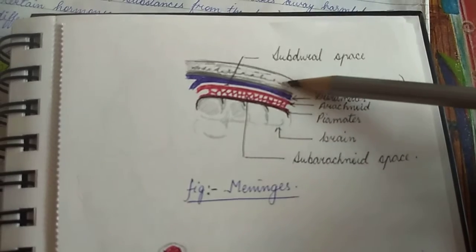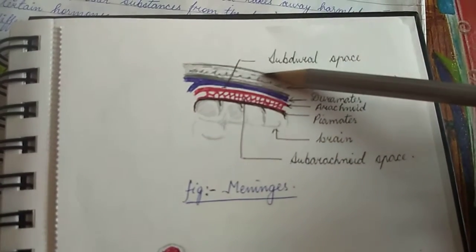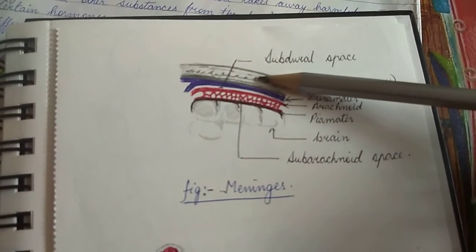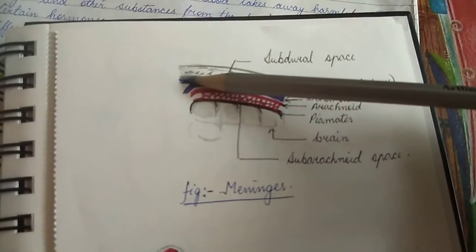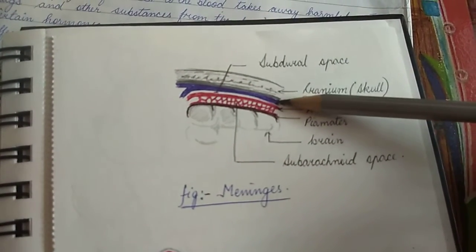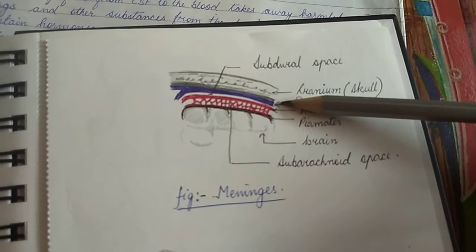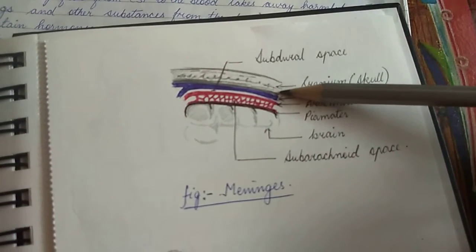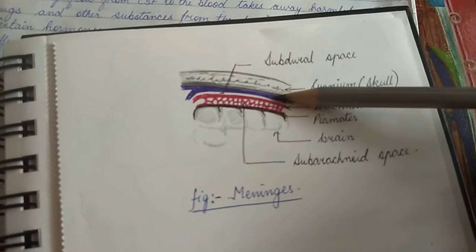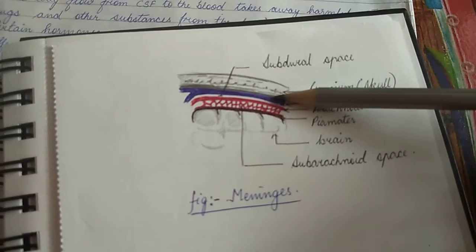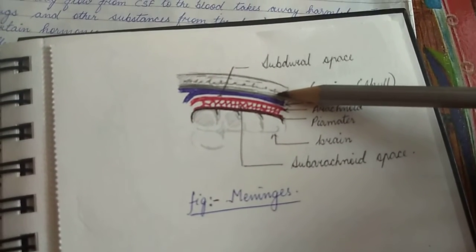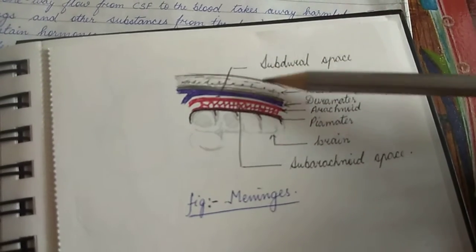Here we can see this is the skull or the cranium. It is lined by the first layer of meninges, that is the dura mater. Dura mater is the outermost, thick and toughest membrane covering the brain.